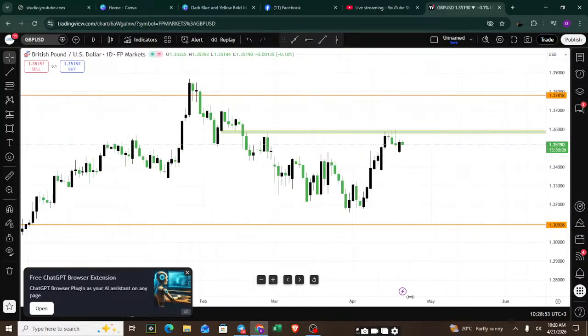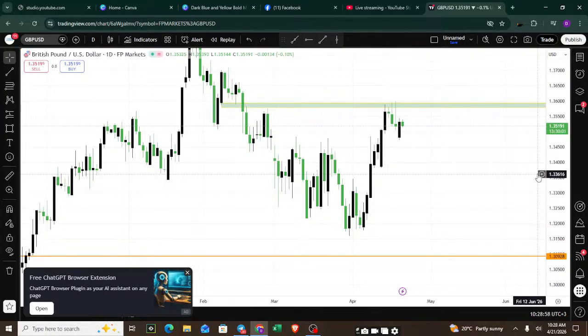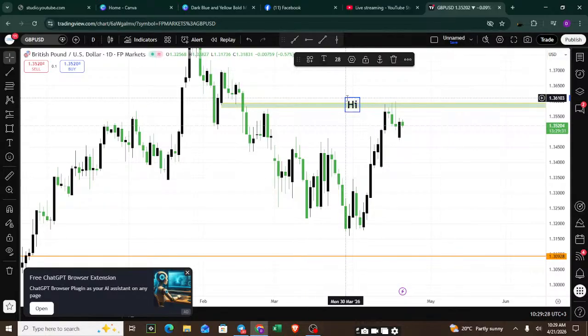So once price filled that level, it has been reacting off that level from that day henceforth. Okay, so now the question is, do we continue to go up, or do we now change direction? Does this become our high of the month?